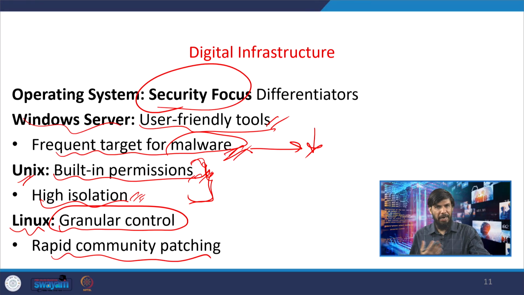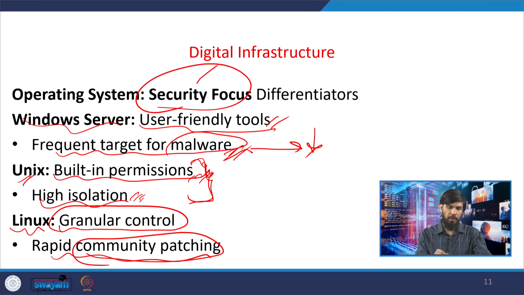There are so many eyes actually looking at open source code, and Linux is the flag bearer of the open source community. There are so many people looking at the Linux source code, so very rapid community patching happens. All the developers contributing to the open source community, if anything goes wrong in terms of security, right, then there would be very rapid patching and testing and all that. So it will be quickly fixed, right.